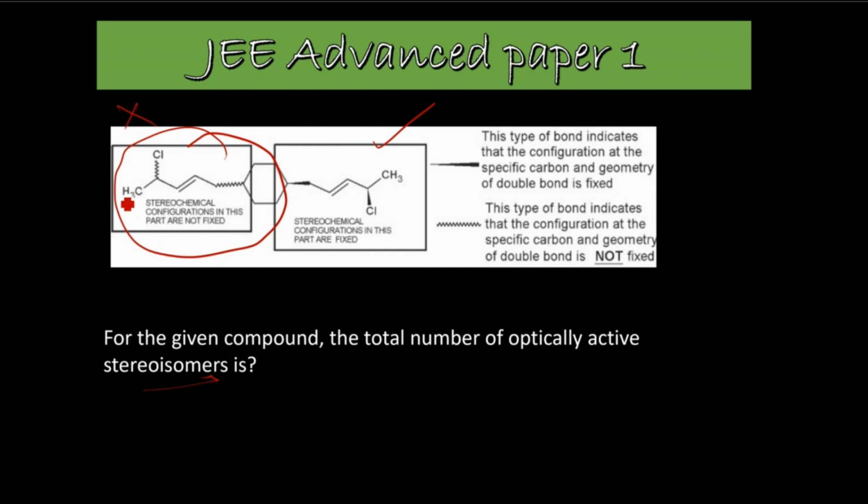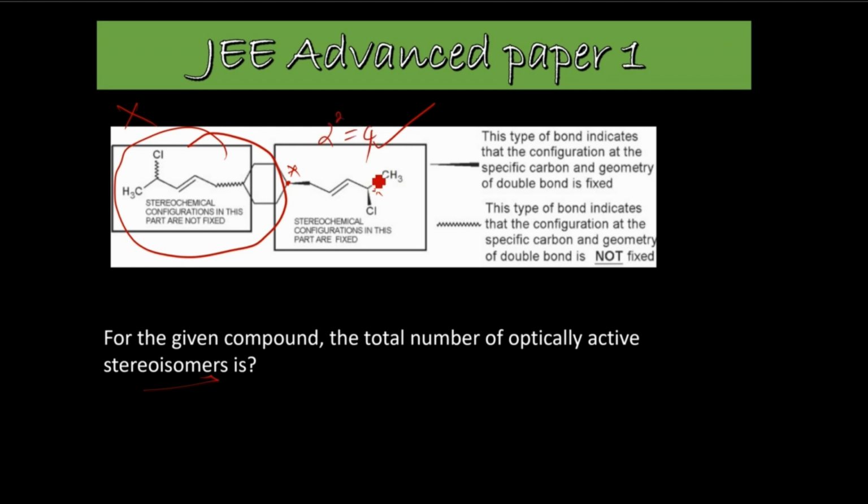Just take the fixed one. Okay, so if I am considering the fixed one, let's check out how many chiral centers we have. So how many chiral centers? This is one chiral center, and CH2, CH I'm having, and this part will also become a chiral center, right? 2 chiral centers I have. So 2 to the power 2, which is 4.